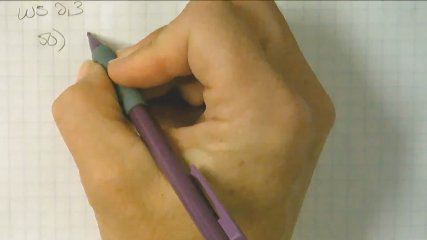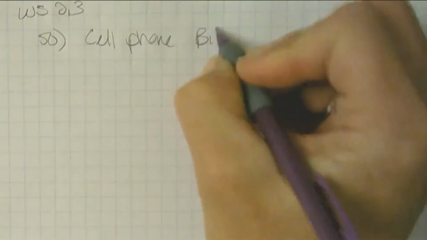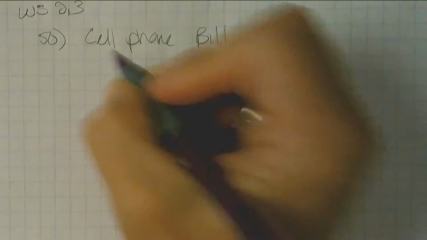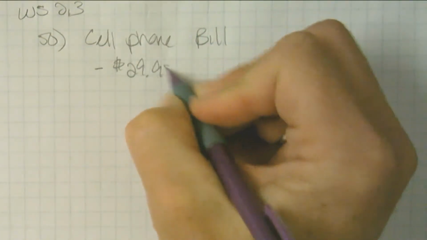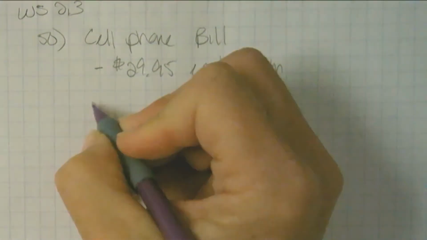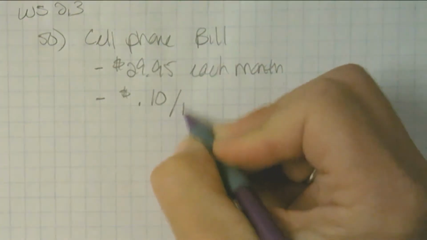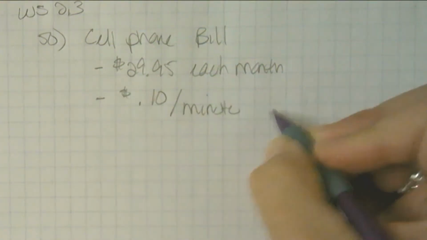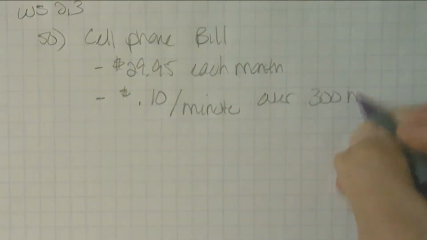So we have a cell phone bill. So we're dealing with money. They tell us that she pays $29.95 each month. And she also pays 10 cents per minute over 300 minutes.